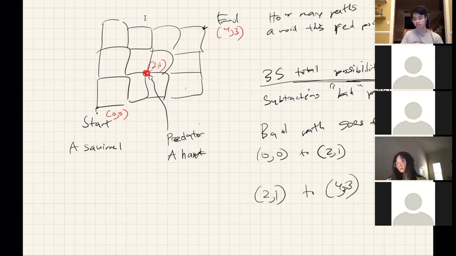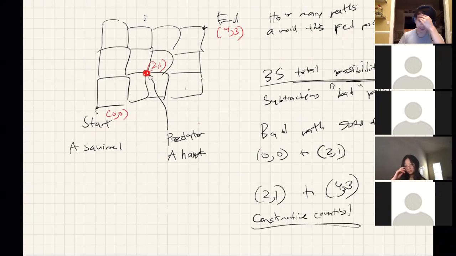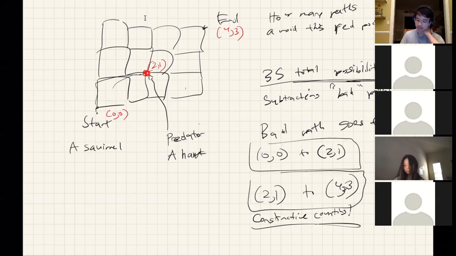So now this actually becomes constructive counting, because you're counting the number of ways to get from 0 0 to 2 1, and independently of that, you're choosing the number of ways to get from 2 1 to 4 3 for free. So we can just count the number of ways to do this and then multiply it by the number of ways we can do this.